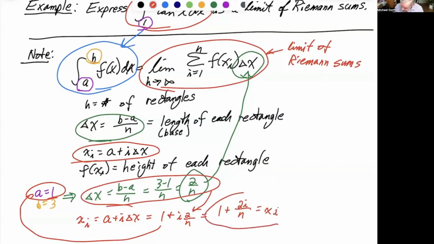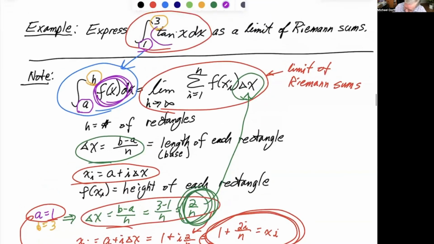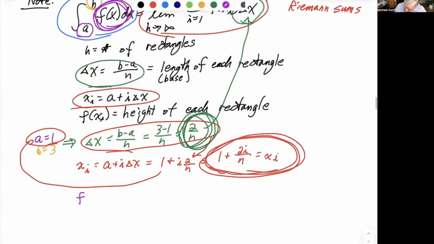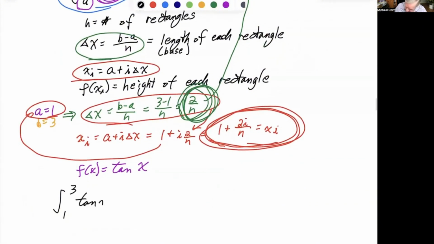Let's write that there. So we have our delta x, and now we have our x sub i. And we just have to figure out what f is. I look at my original problem, and that's tangent x. So f of x equals tan x. So putting these all together, my original problem was the integral from 1 to 3 of tan x dx.